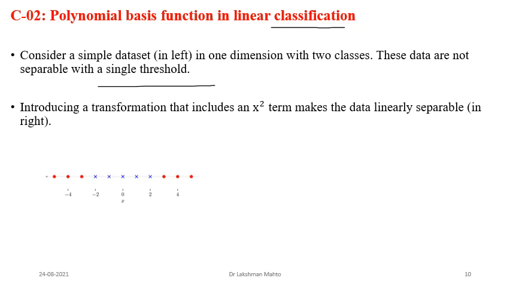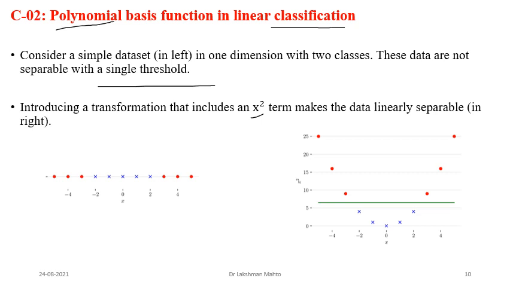So again apply a polynomial basis here. That means you introduce one transformation that transforms all this data by x square, a squaring of x. After squaring it, you are introducing a quadratic feature map over the input x. Due to that quadratic feature map, you get this kind of data set.